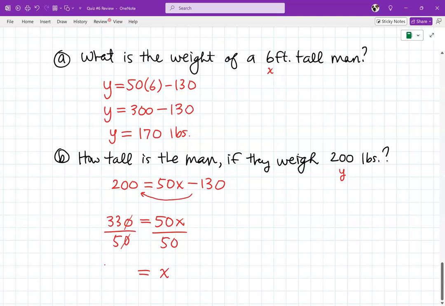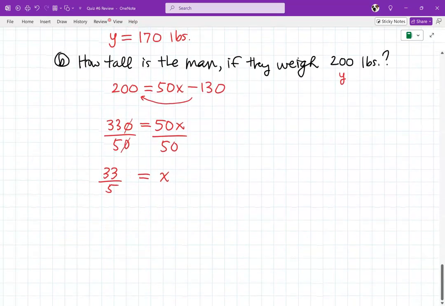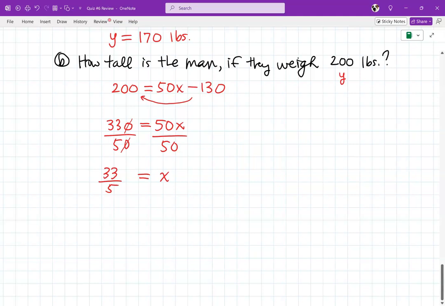So that's 33 over 5. 33 over 5, what is that? That's 6 3/5. And 3/5 is 0.6. So it's 6.6 feet is equal to x. That's how tall they are.